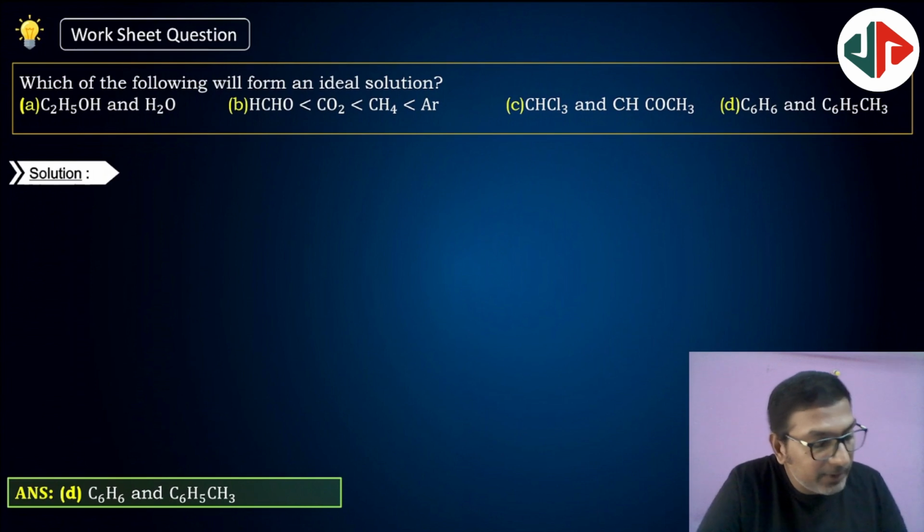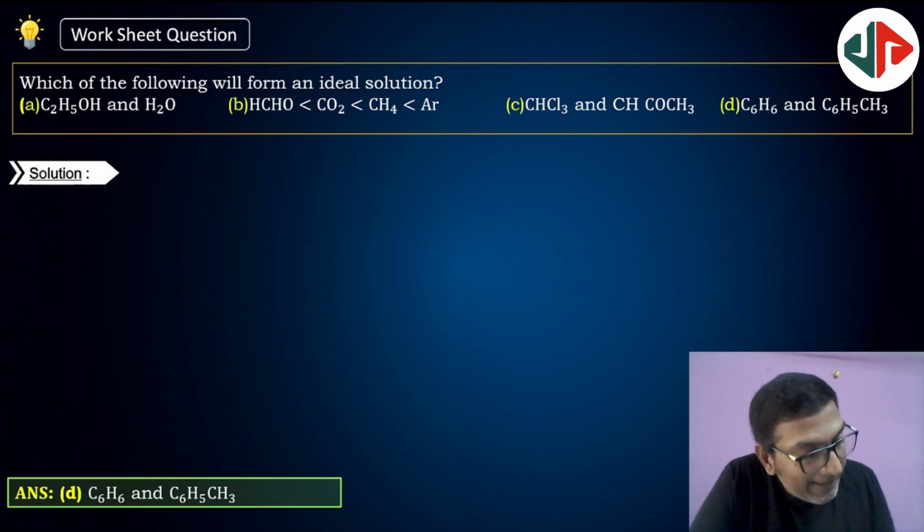Next, which of the following will form an ideal solution? An ideal solution will be formed by benzene plus toluene.